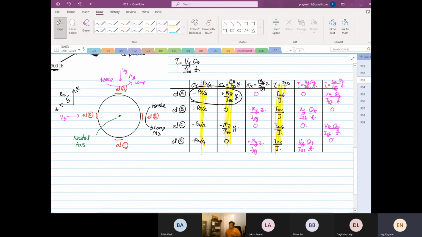Yes? Point C has the maximum compression. But knowing Tresca criteria, what did Tresca assume?